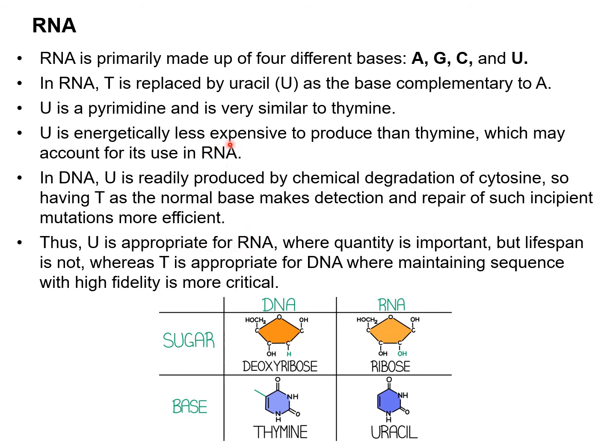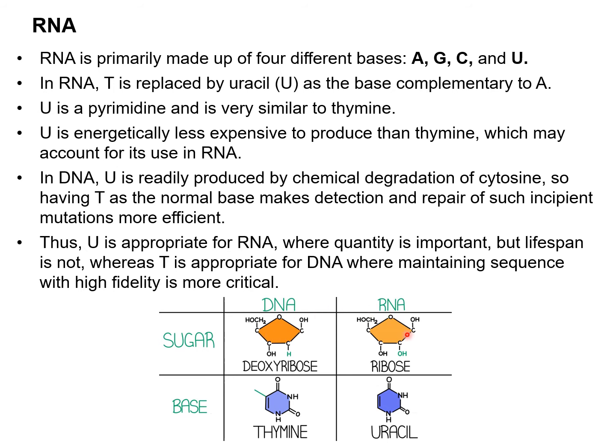Again, RNA is for bulk and fast production for fast gene expression as well as a rapid degradation for stopping that expression at certain conditions. But lifespan is not really a concern for RNA or the uracil usage, whereas thymine is appropriate for DNA where maintaining sequence with a high fidelity is more critical.